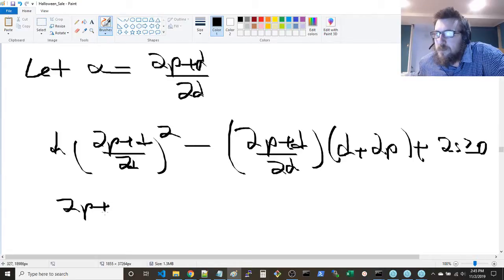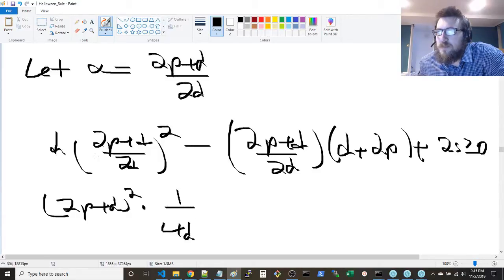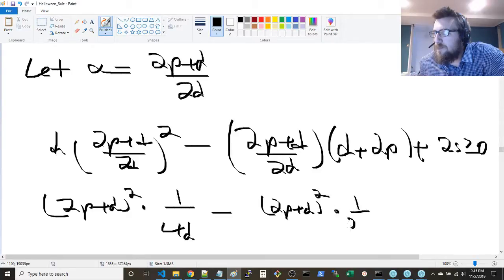So you get (2p plus d) squared times 1 over 4d, right? It's 4d squared with a d removed, minus (2p plus d) squared times, this looks like, 1 over 2d, plus 2s greater than or equal to 0.